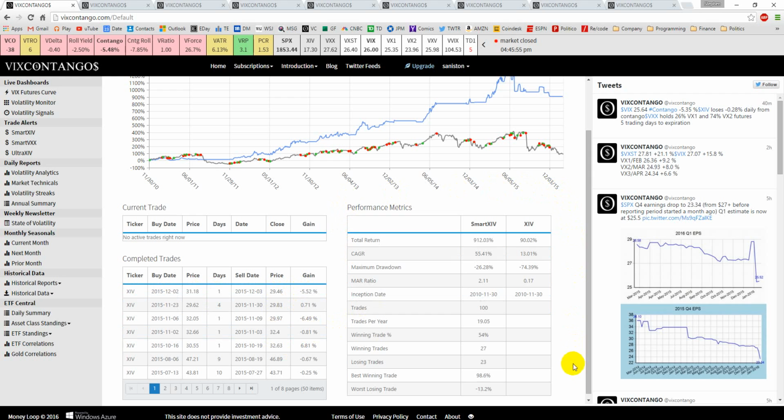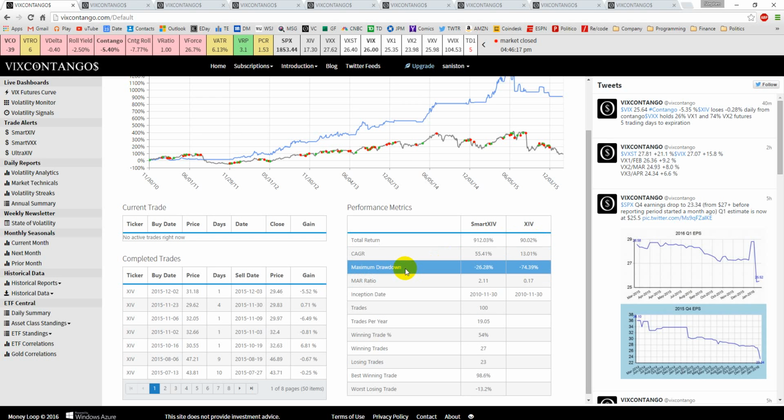In this section, you get to see overall performance metrics. So you get to see the total return of the strategy since the XAV was incepted, and then the total return of the XAV itself, the compounded annual return, the CAGR, and versus the XAV.